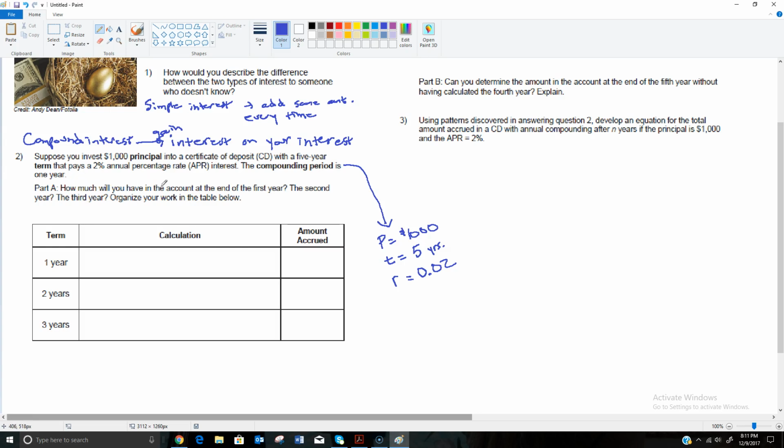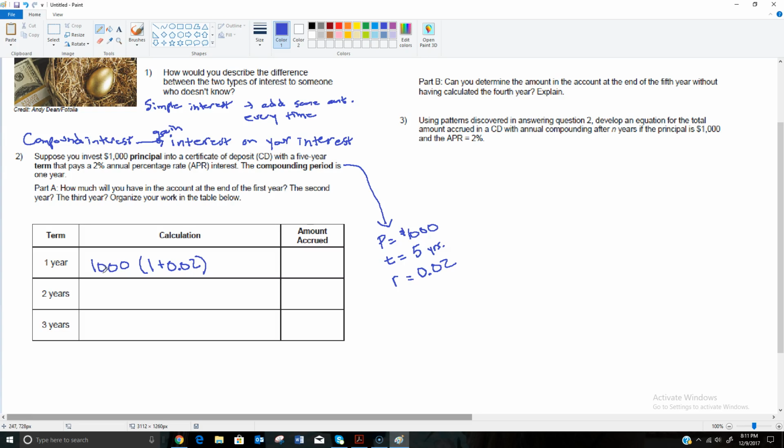So how much will you have in the account at the end of the first year, the second year, and so on? So 1 year, we would take $1,000, and we would take that times 1 plus 0.02, and that would get us our amount accrued.